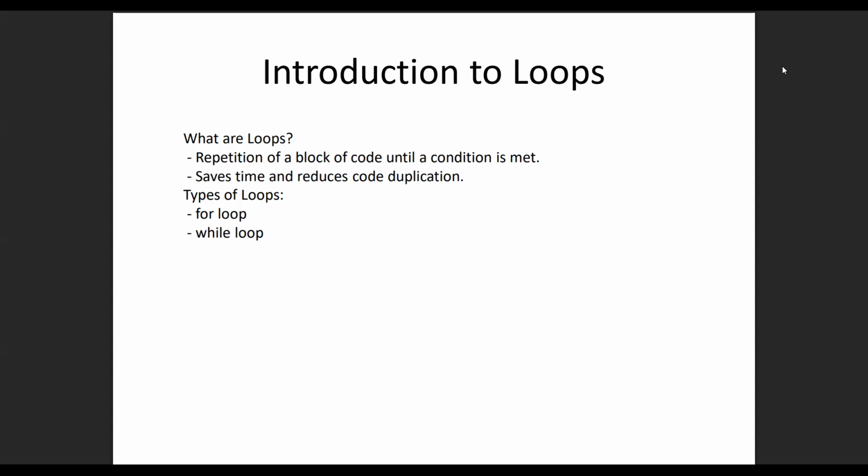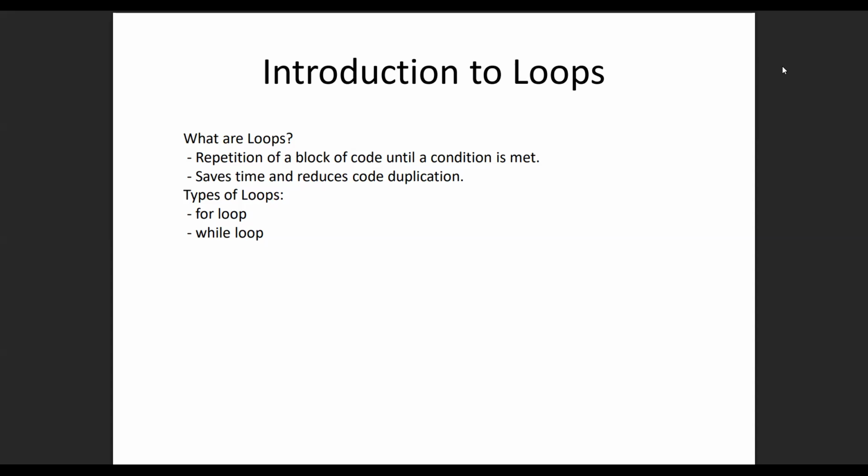Whenever the condition becomes false, only at that time will it stop. Otherwise, until the condition is false, it will keep repeating the block of code and give the output. So what is the advantage of a loop? It saves time. Generally, if you want to print 50 numbers without using a loop, you need to write 50 lines of code, and it will also take a lot of time to give the output.